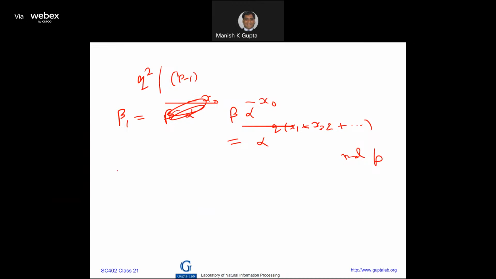So then we compute beta 1 raised to power p minus 1 by q square. This is nothing but, I can again simplify. The technique is exactly similar. This time I am looking at different coefficients by q.